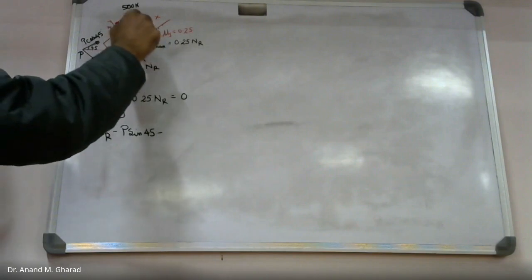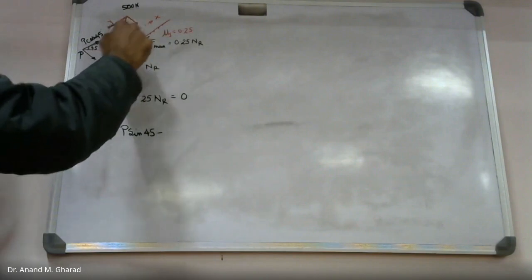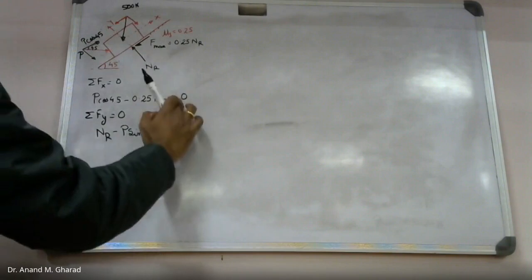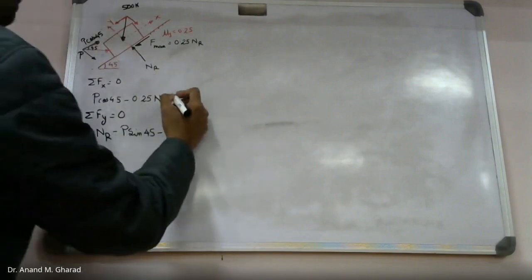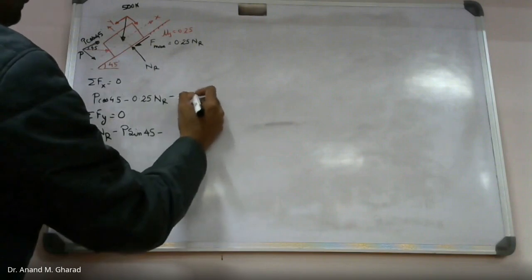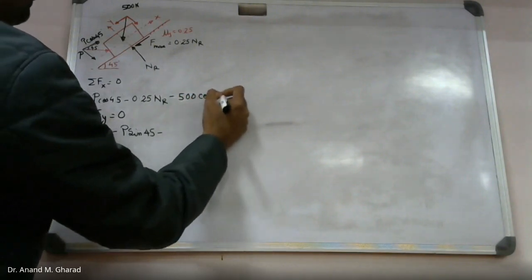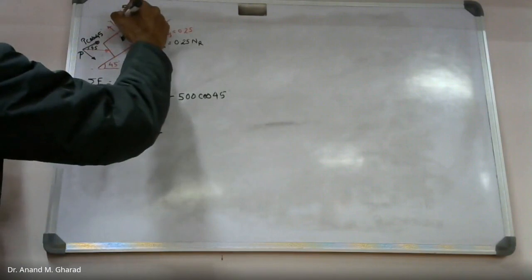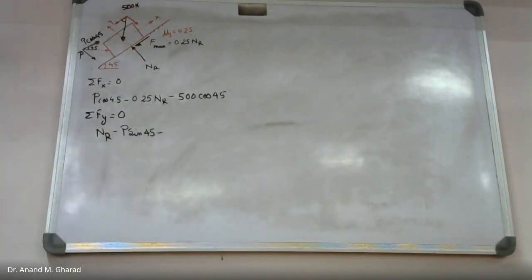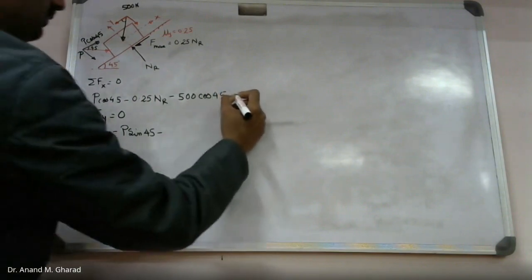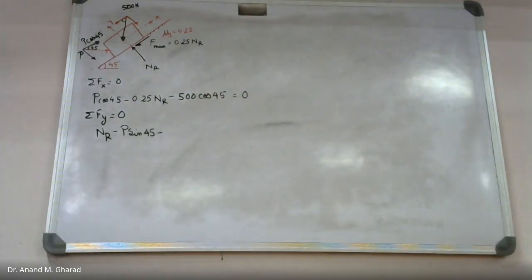This will be the y component, this will be the x component. So now what has happened? In equation number 1, you will have one more term which is minus 500 cos 45. Do you agree? Because this angle, based on the geometry, will again be 45 degrees, equated to 0.